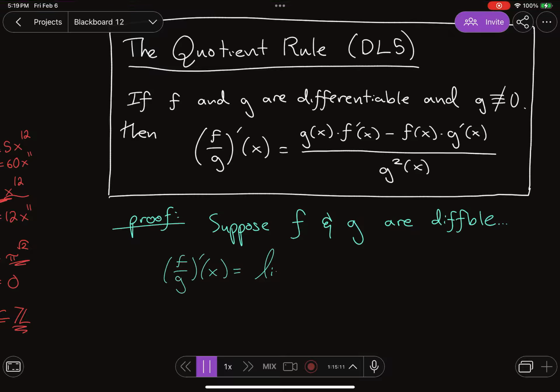Well, that's going to be the limit as h approaches 0 of f divided by g of x plus h minus f divided by g of x, all divided by h. All right, that's by definition of the derivative.